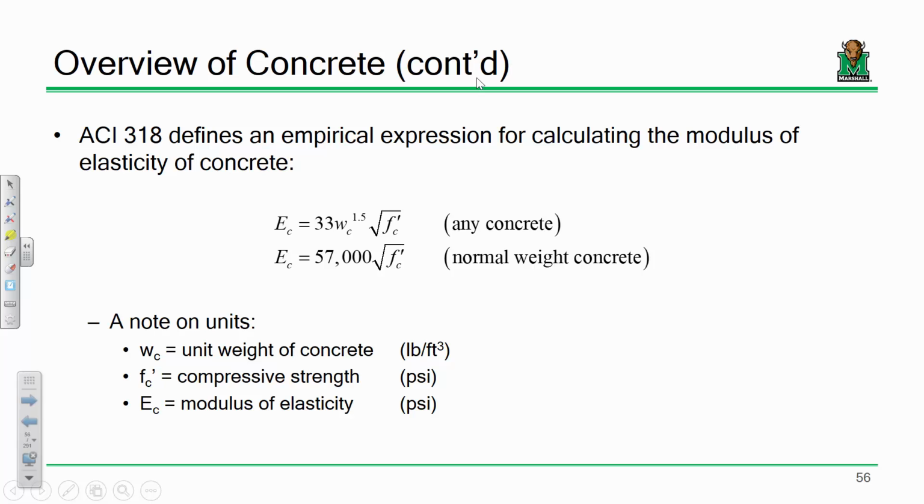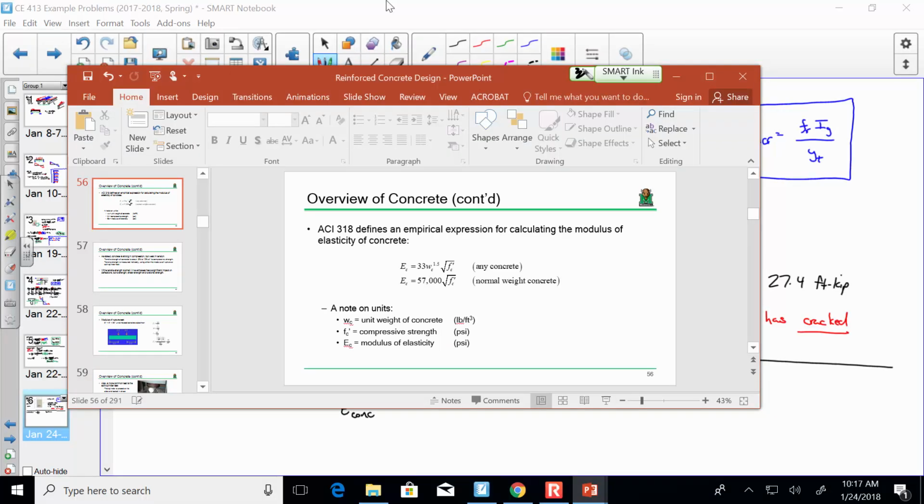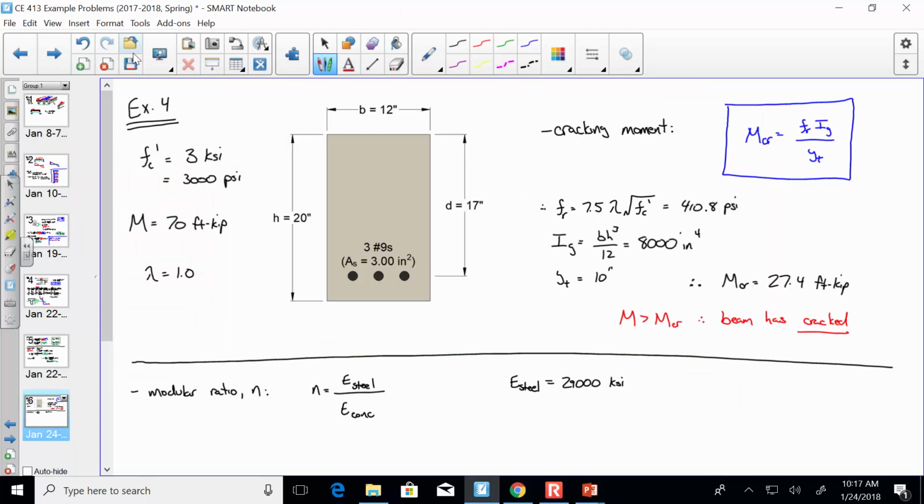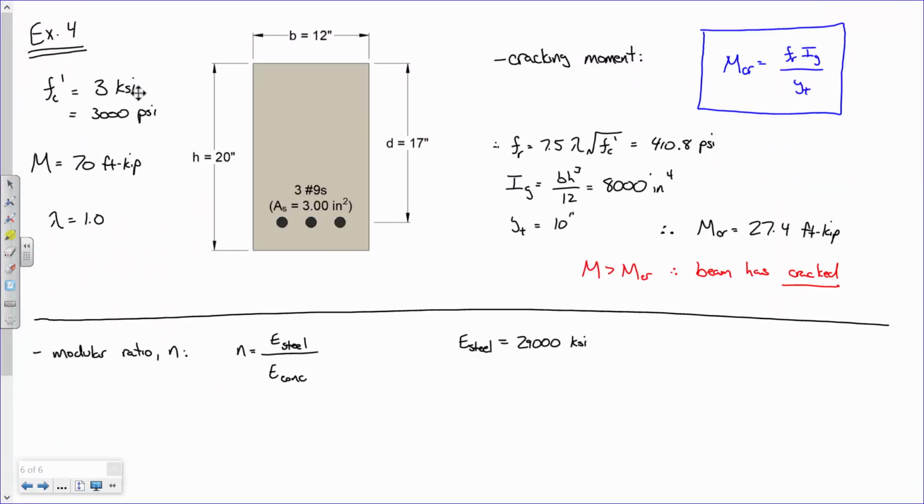So I propose that, going back to our example, and I'll even be nice and say slide 56, I'll say that E concrete is 57,000 square root of 3 KSI. No, I was making sure everybody's paying attention. All right.